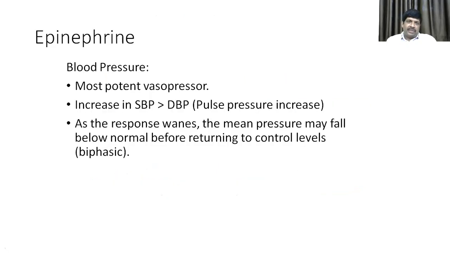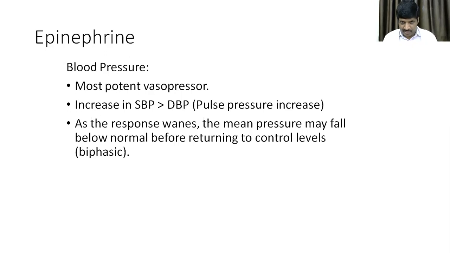Coming on to the effect of epinephrine. The main drug over here is epinephrine and alpha blocker. I'll be discussing epinephrine. Effect of epinephrine on blood pressure: it's a most potent vasopressor agent. That means it will cause an increased pressure response due to contraction of blood vessels.